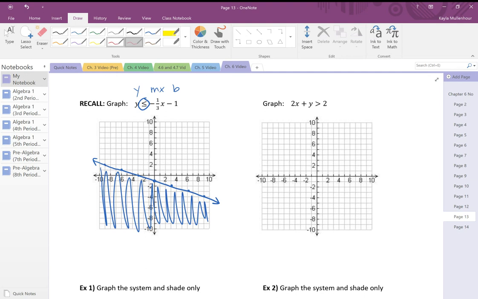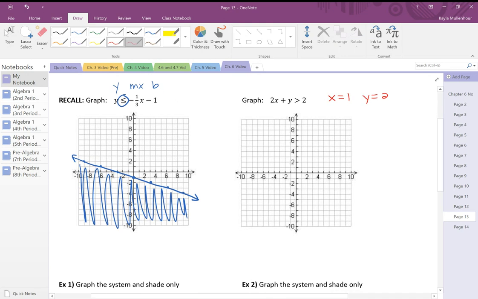Now if we look at the one in standard form, 2x plus y is greater than 2. Our x-intercept is going to be 1, and the y-intercept is 2, which makes the slope -2. This is going to be a dashed line because the sign is just greater than.